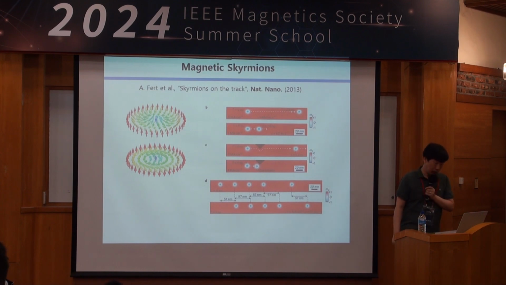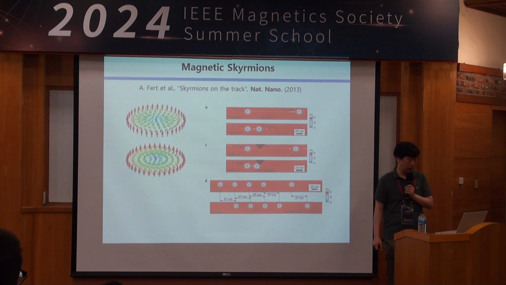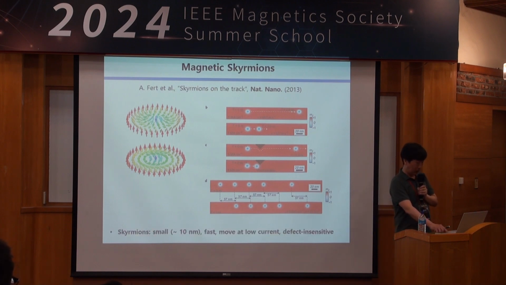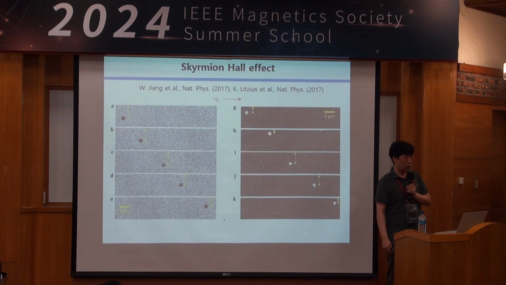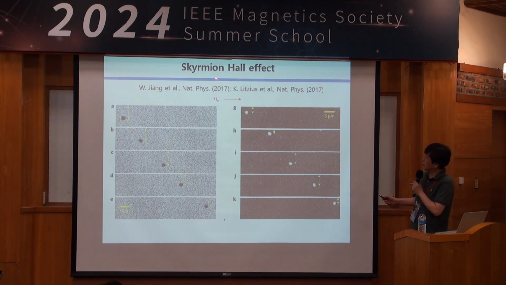The other example is for the magnetic skyrmion. As you know well, there are a lot of studies on magnetic skyrmions because they are small and probably fast and topologically protected, a little bit, not perfectly. One of the issues in this magnetic skyrmion dynamics is the skyrmion Hall effect.